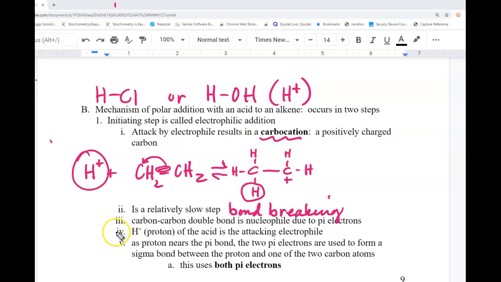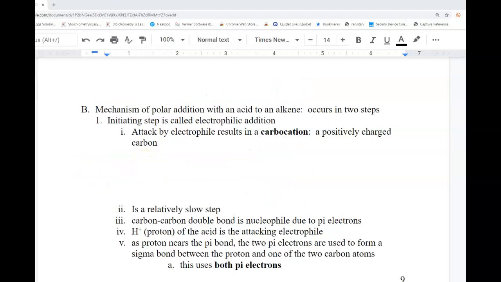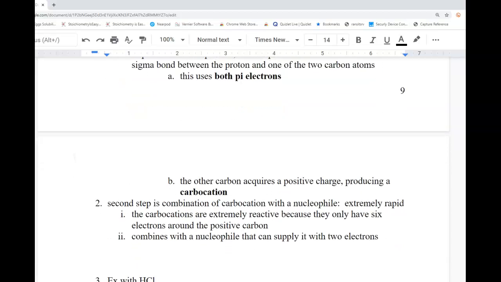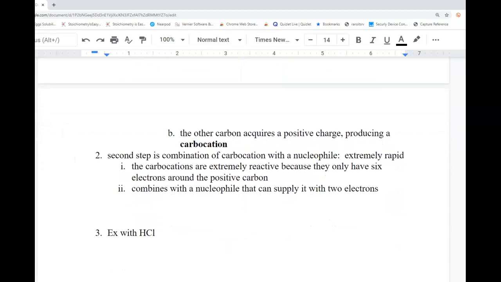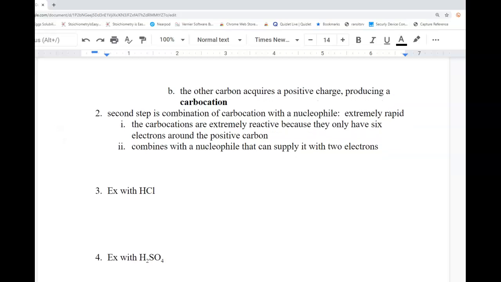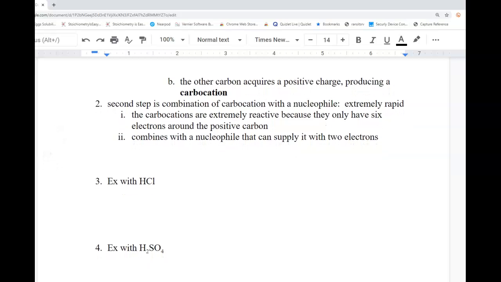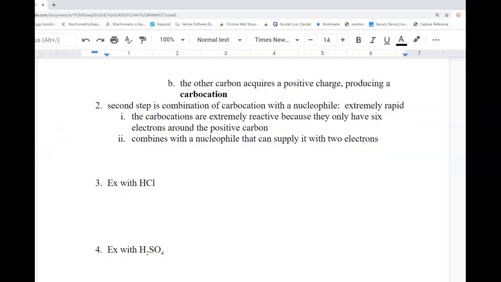So it is attracting the electrons, it's coming near the protons, so it uses both pi electrons, which is why you see me circling that one set of electrons there. It's using both pi electrons. So as we've seen, the other carbon acquires a positive charge.